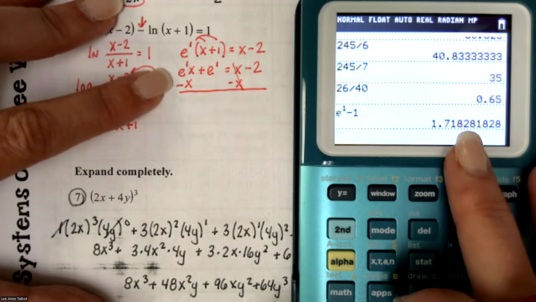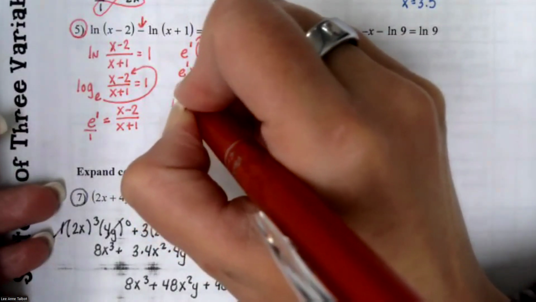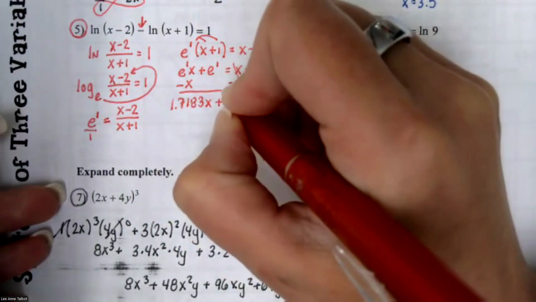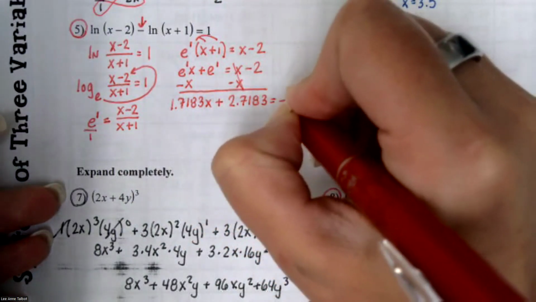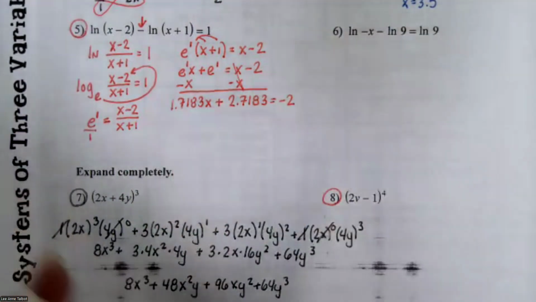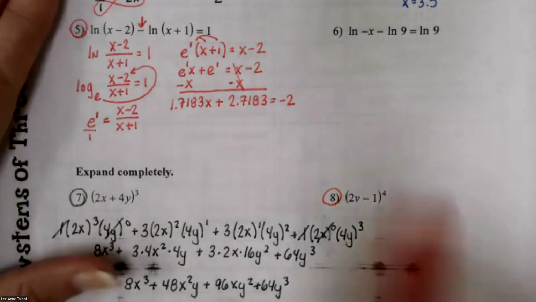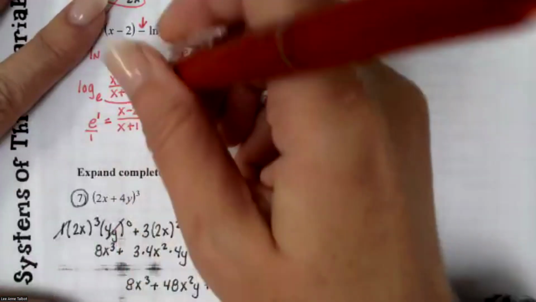So 1.7183. And then I just changed e to the 1 to a decimal because I feel like that's easiest. If you want to, you could put a 1 here.